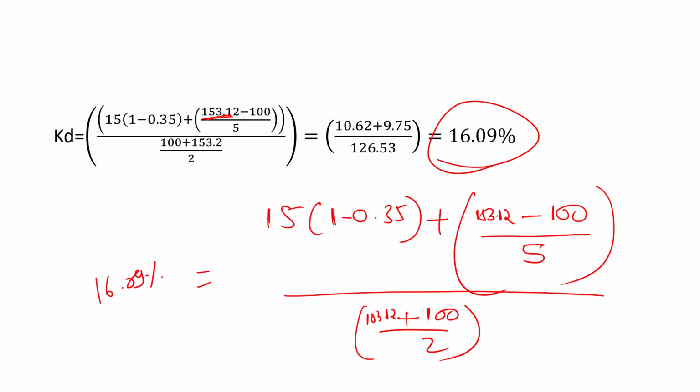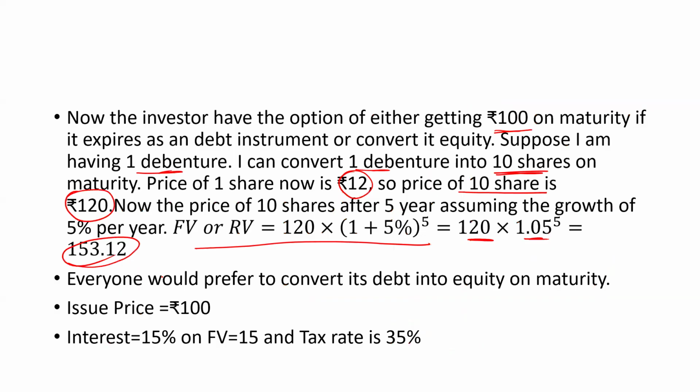So here nobody will convert that into cash, because if you convert that bond into cash, you will get 100 rupees on the maturity, right? But if you are converting into equity and holding that in the form of equity, the future value you are getting for the equity, the redemption value in that case, would be 153.12.